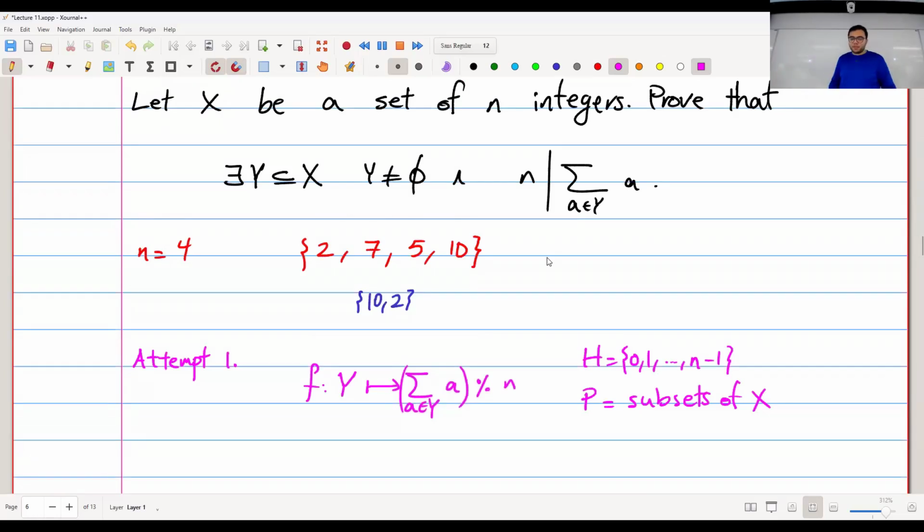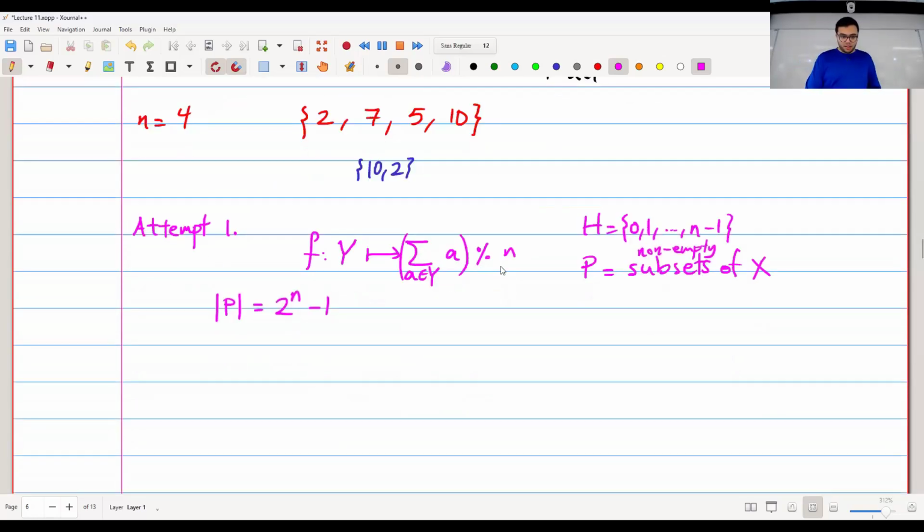So how many subsets do I have? The size of P is 2 to the power of n, right? But minus 1 because I don't want to consider the empty set. So let's say this is non-empty subsets of X. What is the size of H? n, right?